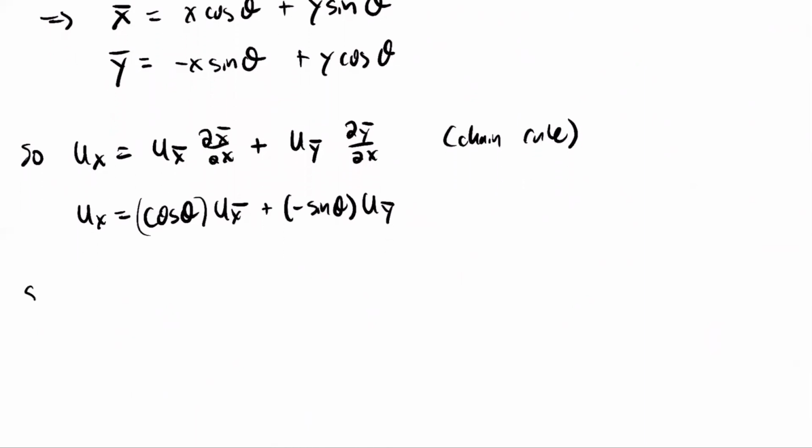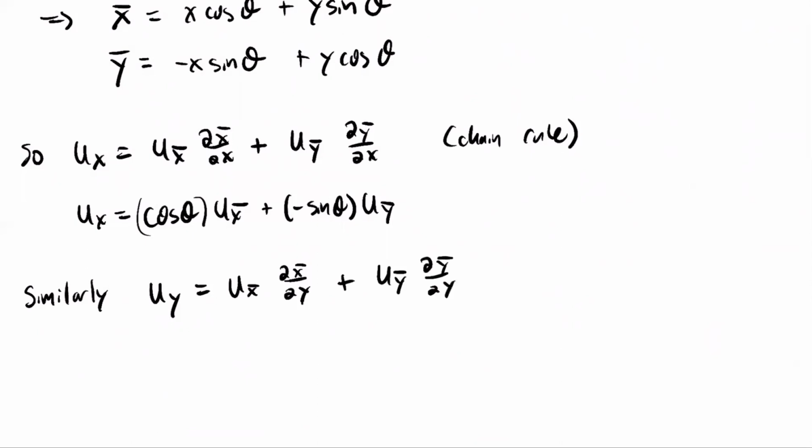And well, similarly, we can calculate the first derivative with respect to y. The derivative with respect to y is given by u_x bar times dx bar with respect to dy, plus u_y bar times dy bar dy. Right, so this is again the chain rule.